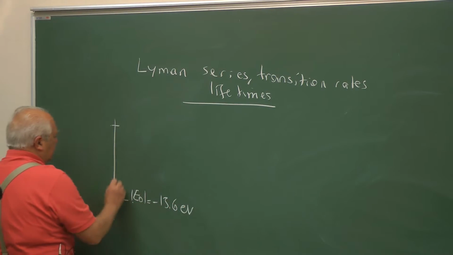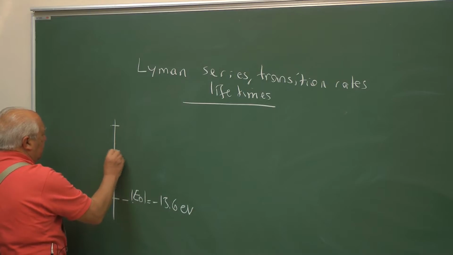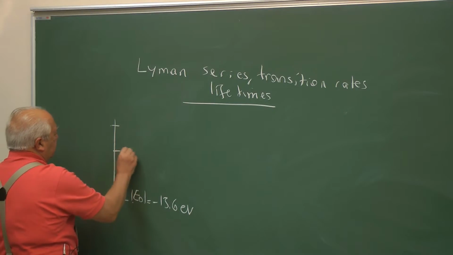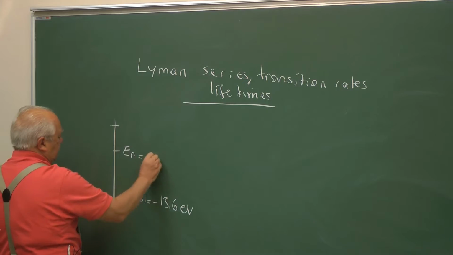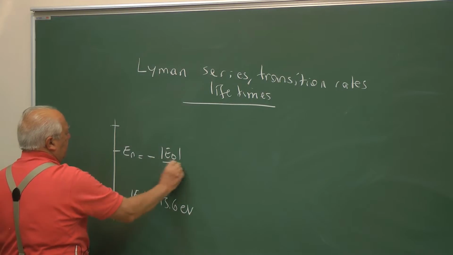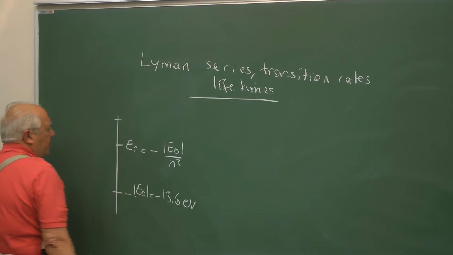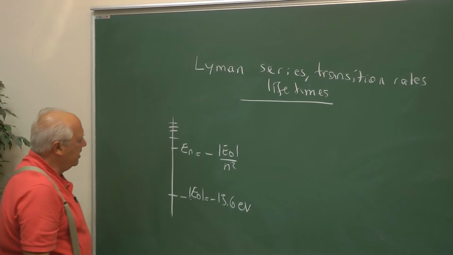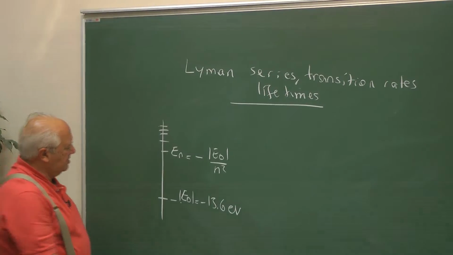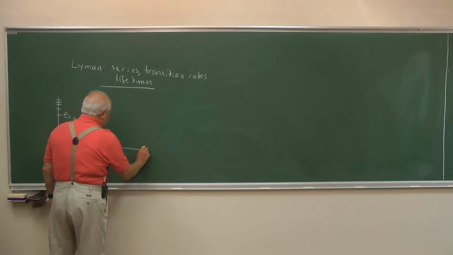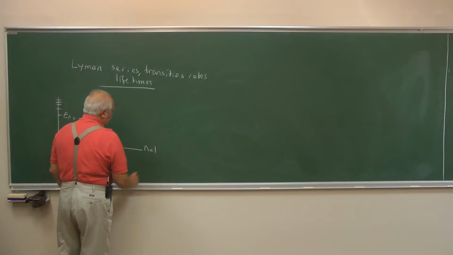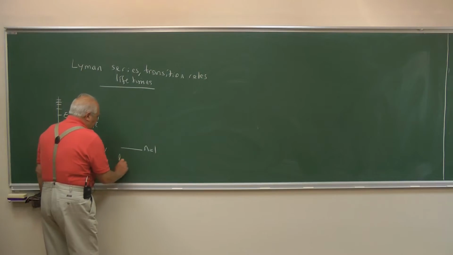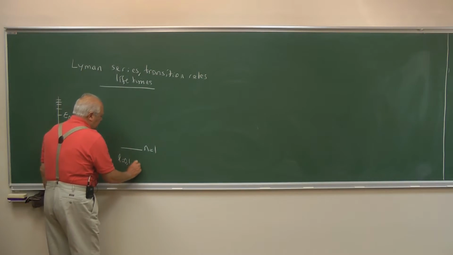This is the ground state, and energy levels go as this, which we found, so that you have many energy levels. Let us consider the ground state energy level n equals 1. L goes from 0, 1 to n minus 1.